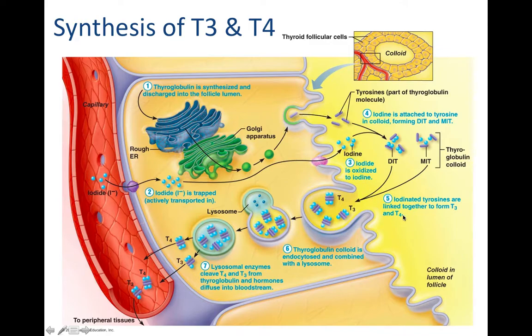So this yellow space over here, this is all the colloid that's on the inside of the follicle. So you make your thyroglobulin, you move it into the colloid. You'll notice that if you look at your iodide as well, it has made its way all the way through the cell, and it is moved into the colloid as well. And here it's oxidized, so it's no longer iodide, but it's now oxidized into iodine.